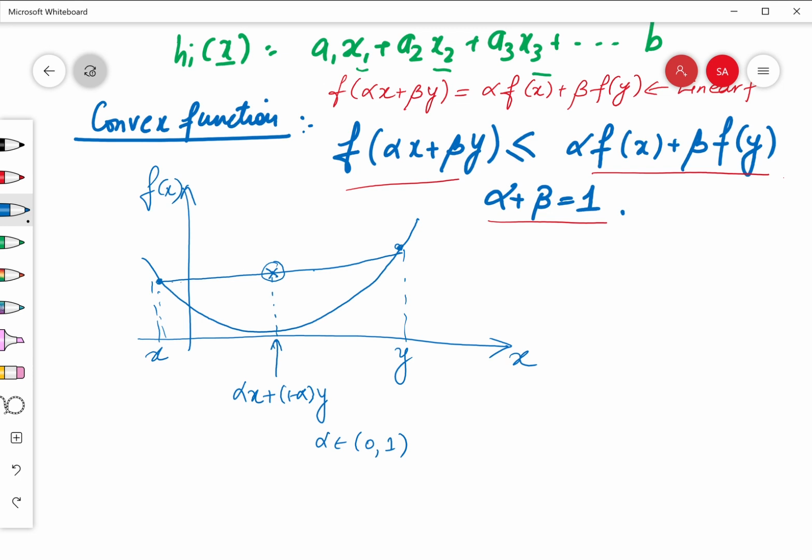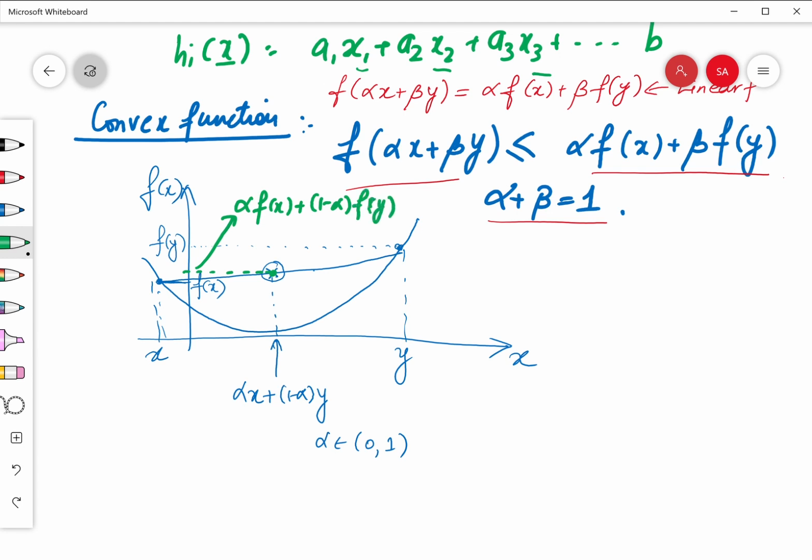This value here is going to be f(x), this value is going to be f(y). So this point here is going to have the value alpha times f(x) plus 1 minus alpha times f(y).